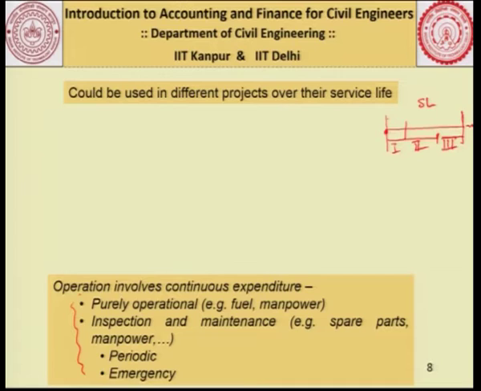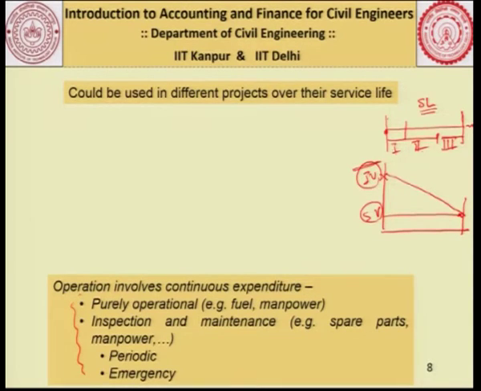The fact of interest right now is that if this equipment is used in these 3 projects over its service life, during this period its value is changing from an initial value to its scrap value. And whatever depreciation is happening, what we have to determine is how much of the cost of this equipment is to be charged to the project, whether it is 1, 2 or 3.